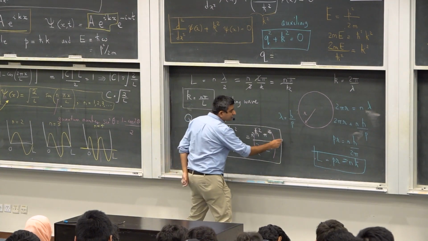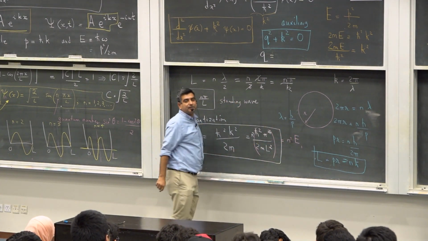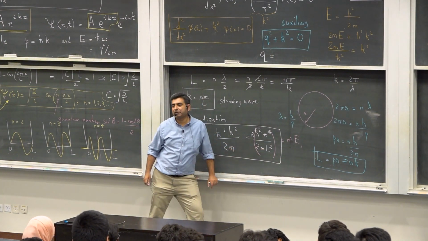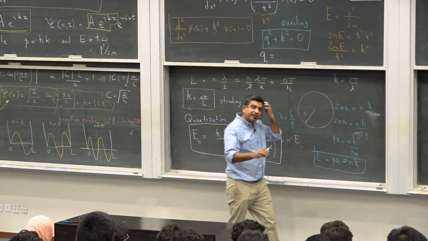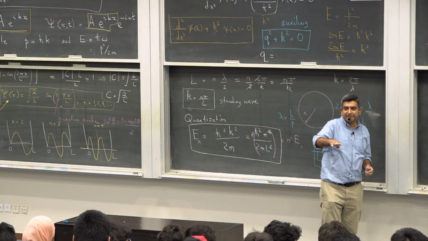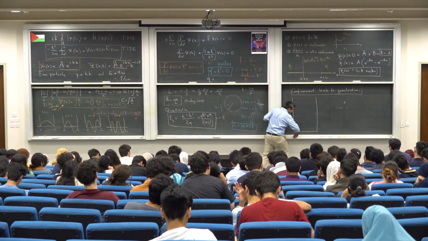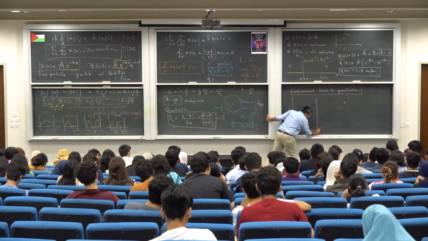So this is n square into E1. This thing is called E1. So if the electron is in the lowest energy state inside this well, it can have an energy equal to E1. This is its energy E1.